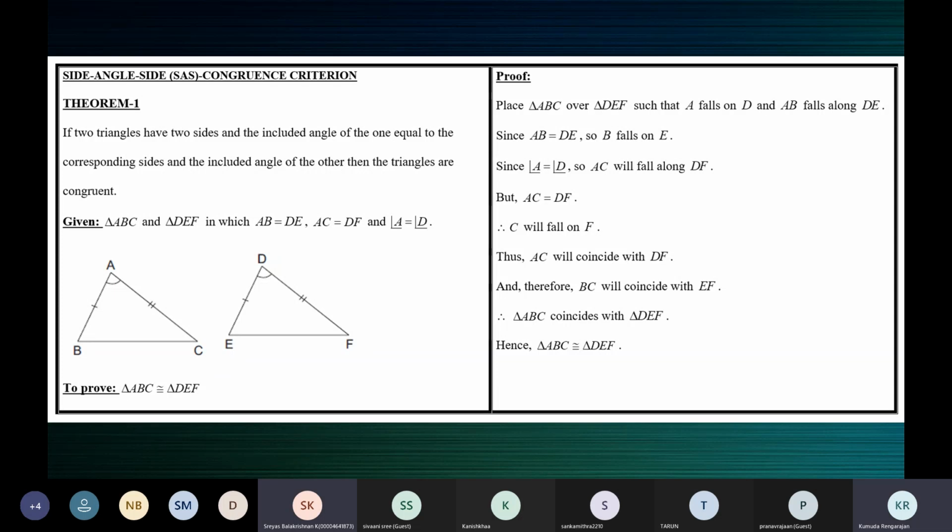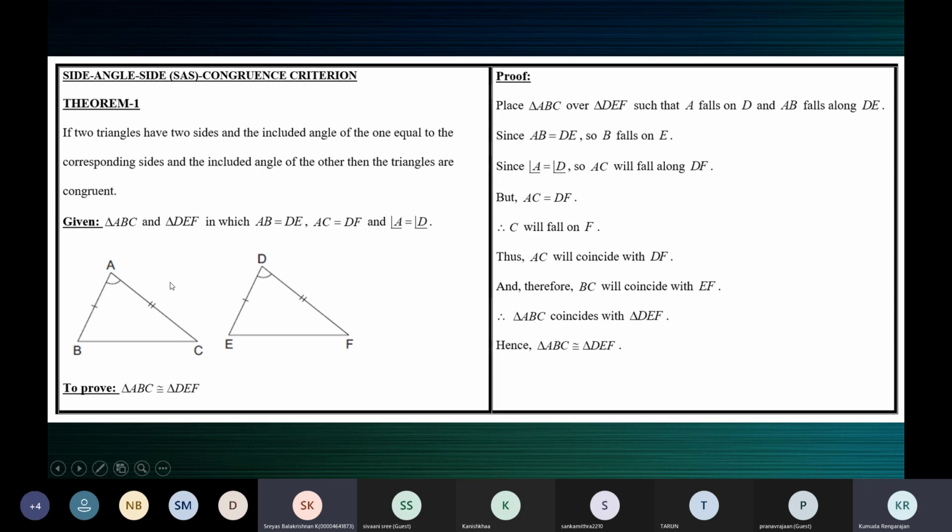No, ma'am. If they ask us to prove that triangle ABC is congruent to DEF, in this we are proving that AB is parallel to DE, no, ma'am. Sorry, ma'am. AB is equal to DE.